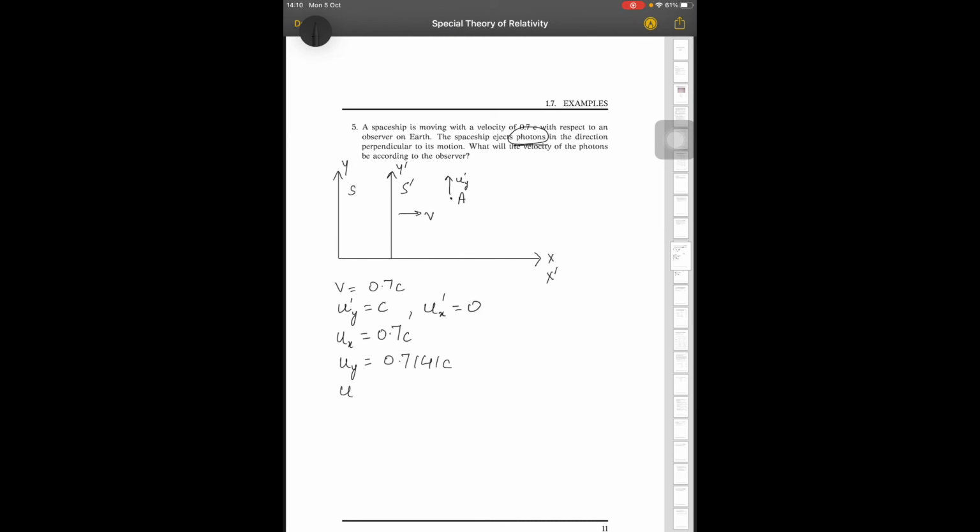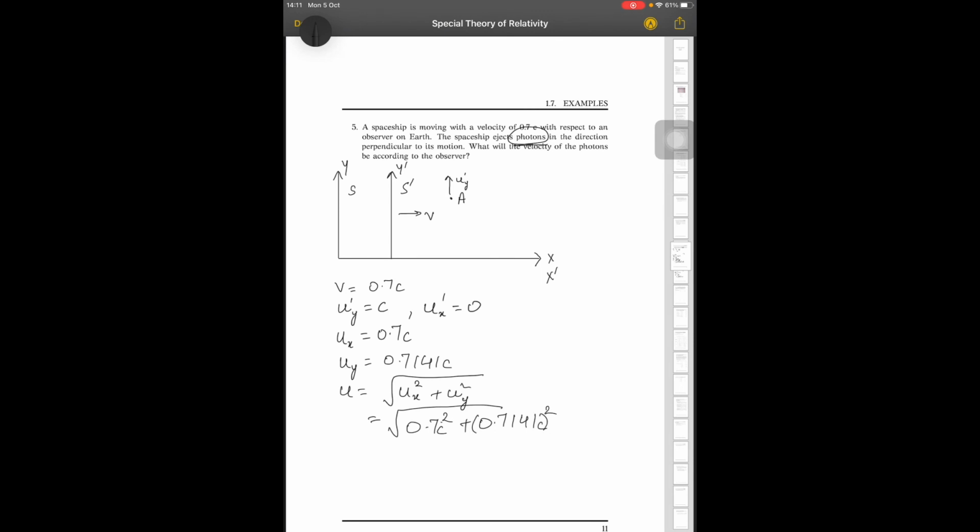Now u equals root of ux squared plus uy squared, which is equal to root of (0.7 c) square plus (0.7141 c) square.